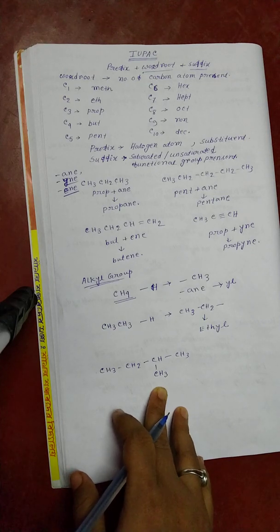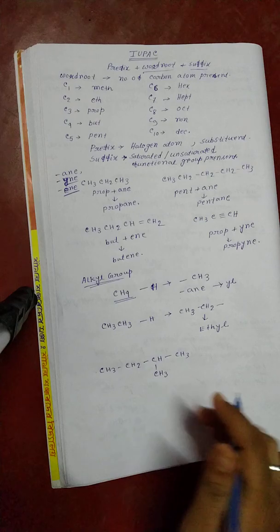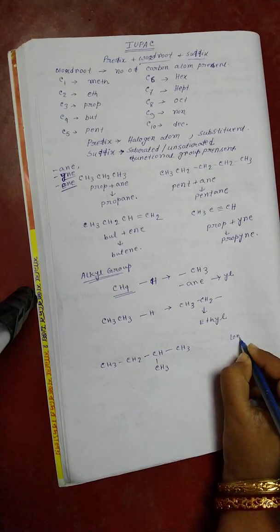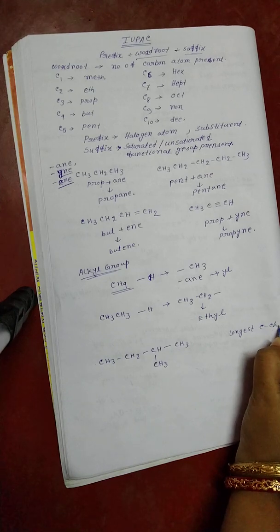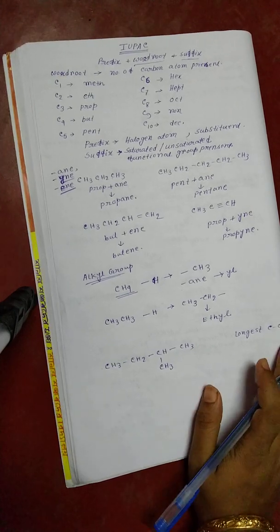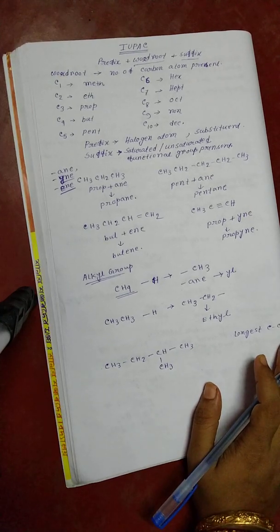Okay, and you must remember that first comes the longest carbon chain. Now you must remember that the carbon atoms which are not included in the longest carbon chain are termed as substituent or branch chain.